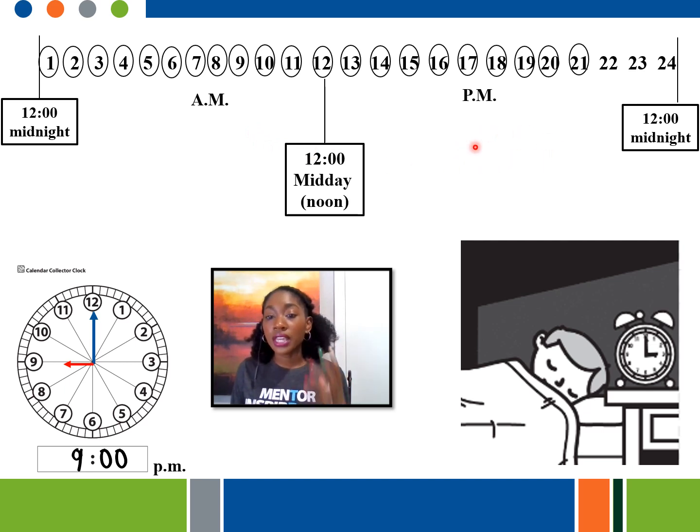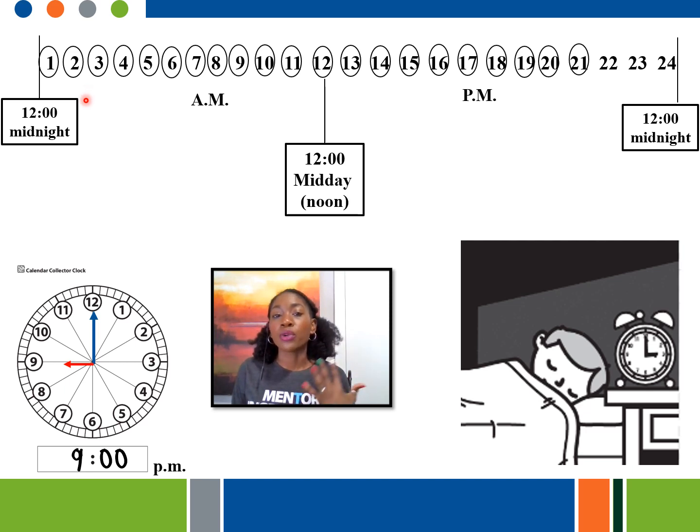Now, if you think about what we do during the 3 o'clock p.m. part of our day, we are generally getting out of school. That's the end of our school day. So would we be sleeping in a nice deep sleep at 3 o'clock p.m.? No, his clock is probably showing us 3 o'clock a.m. That is the night hours.